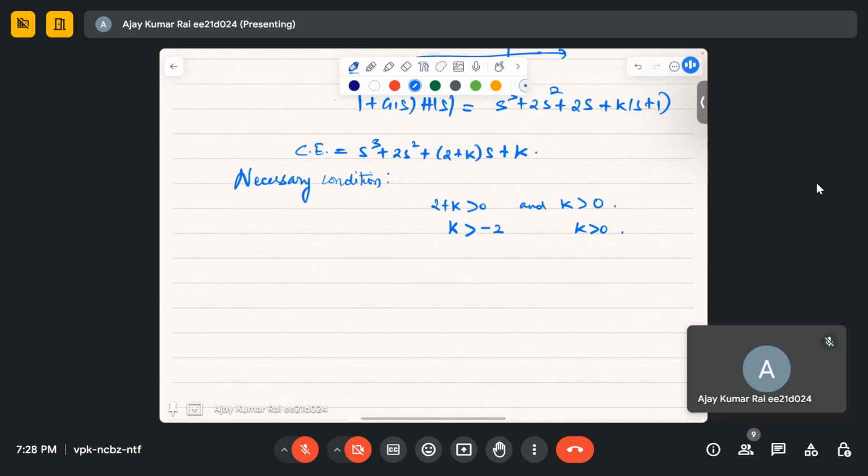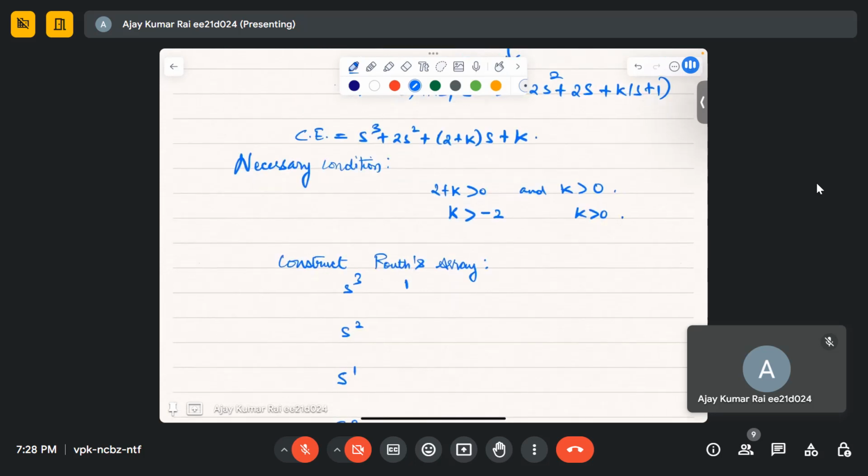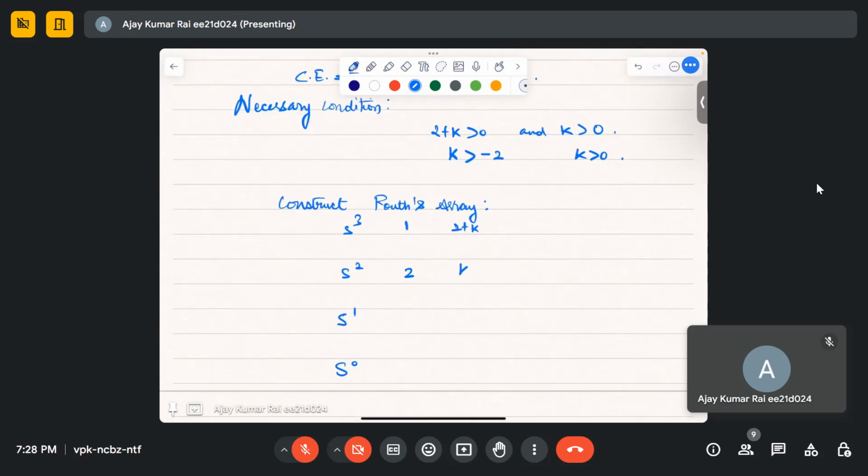And for the sufficient condition, what we used to do is construct Routh's array, right? So s cube, s square, s1, s0. This is 1, 2, 2 plus k and k.